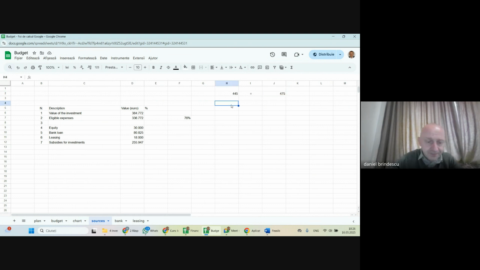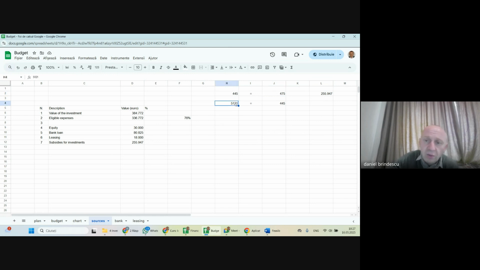So something like this is going to happen in our financial accounting. So on the, let's say, right side of the balance sheet, the financing sources side, we are going to have 155,947 euros, of course in lei, as subsidies, financing sources.